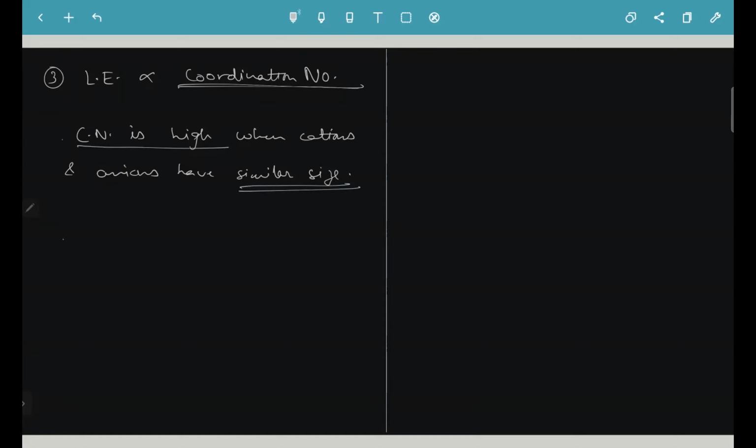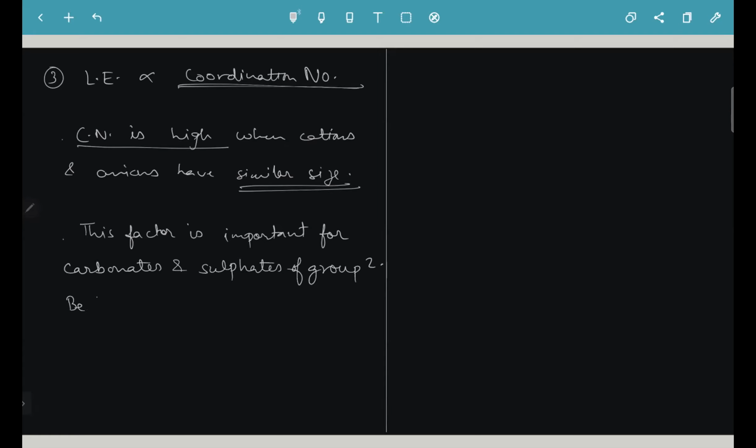This factor in particular is important for carbonates and sulfates of group 2. Group 2 carbonates, group 2 sulfates, beryllium carbonate, magnesium carbonate, calcium carbonate, strontium carbonate, barium carbonate.